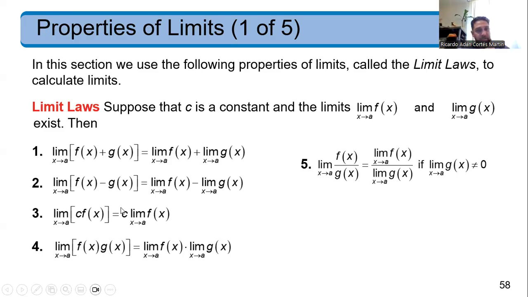For subtraction, the same. For multiplying by a constant, it's going to be the same. When we multiply functions, the limits are multiplied. And notice when we are using a division, what is going to be the only problem? If the limit of g, which is dividing, is 0, okay?